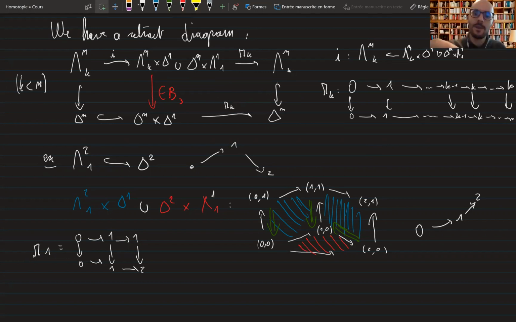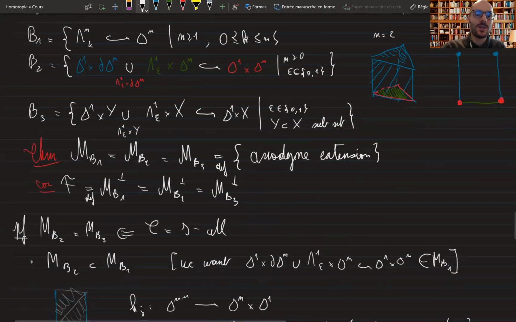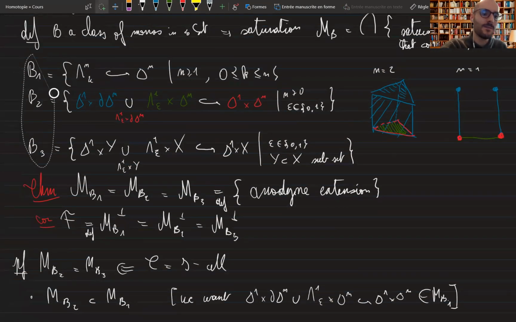And you have to check that the restriction to this thing goes indeed to the horn. Right. But it doesn't touch the missing face when you restrict to this horn. Which is just, you have to check it. Okay, so with all this, we have proved that the saturations of these three classes of maps are the same.